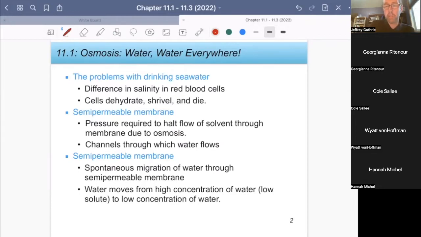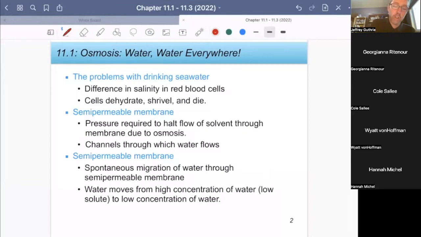Basically, in osmosis, the water is moving from a point of low solute concentration. If you remember what a solute means, that's the thing that is dissolved in the solvent, right? The solvent is water in this case. The solute would be the salt. So water moves from a low solute concentration to a high solute concentration.